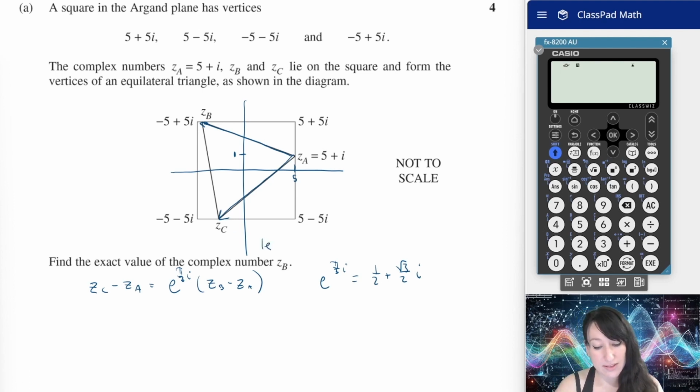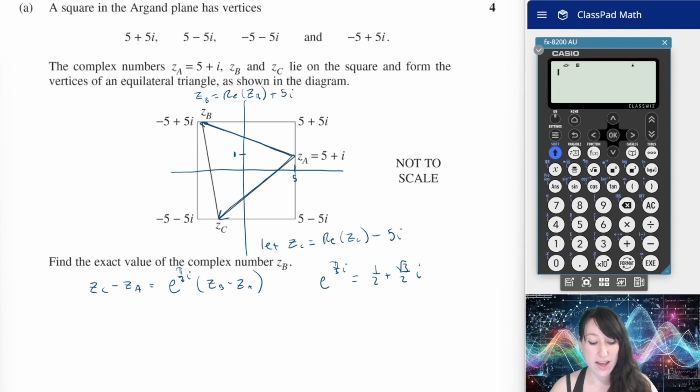So we're going to let zc be the real component of zc minus 5i, and zb be the real component of zb plus 5i. So we will put all of that into this equation that we've got.